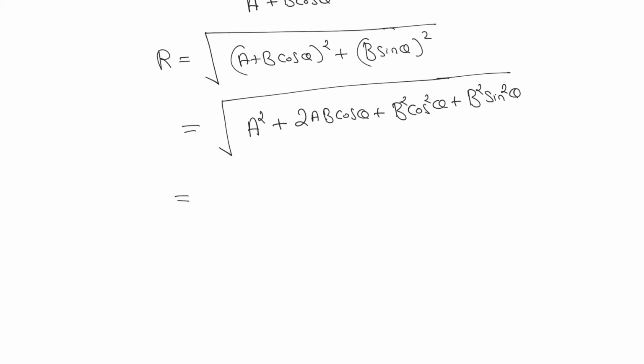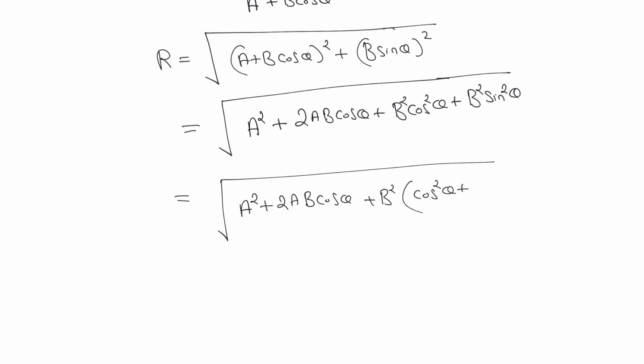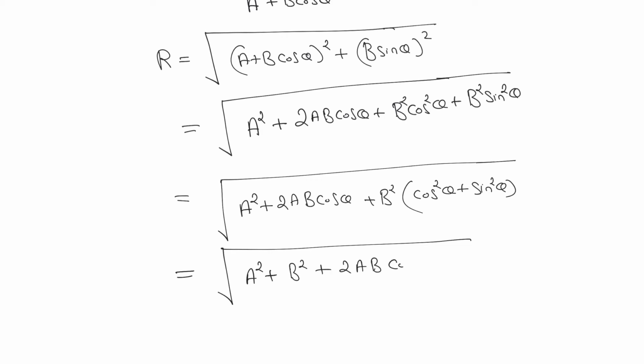Now this is equal to under root of a square plus 2ab cos theta plus b square into, taking b square common, cos square theta plus sin square theta, and you know that cos square theta plus sin square theta is 1. So this can be written as under root of a square plus b square plus 2ab cos theta. So we get the same result that we already derived in the case of the triangle law.